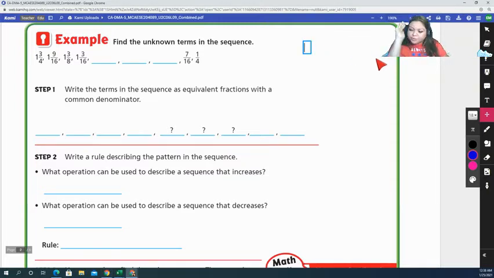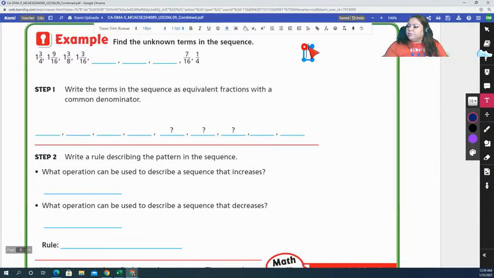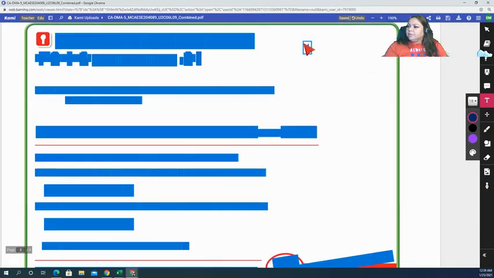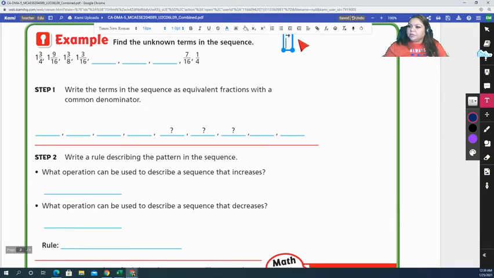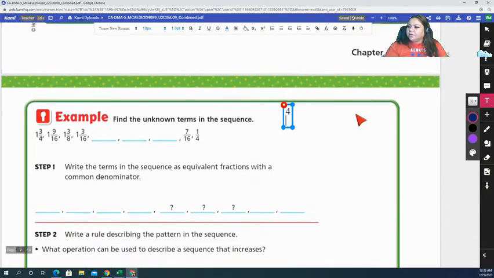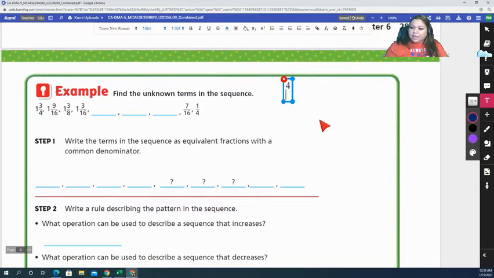So you might want to put the multiples of the smallest number, which here is 4. Our denominators are 4, 8, and 16.